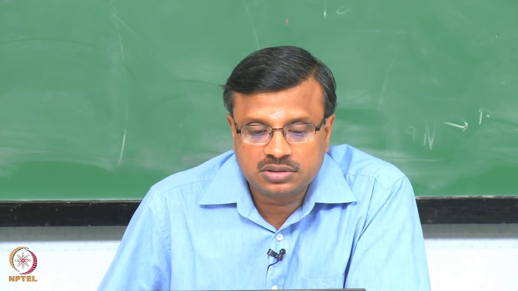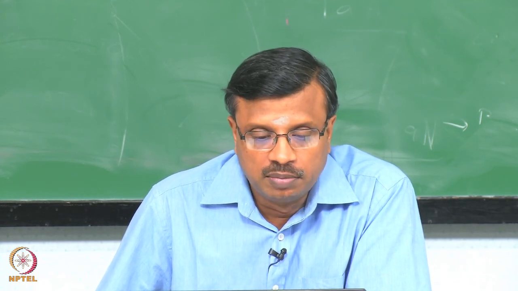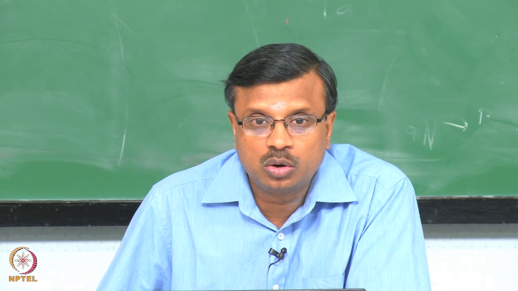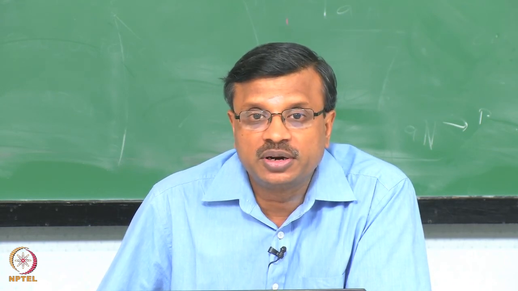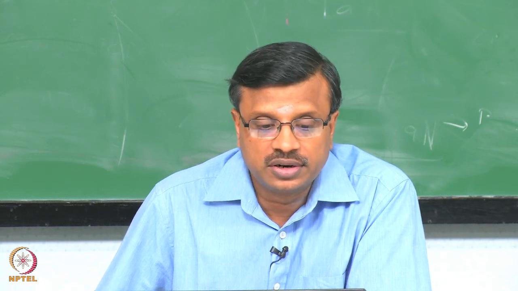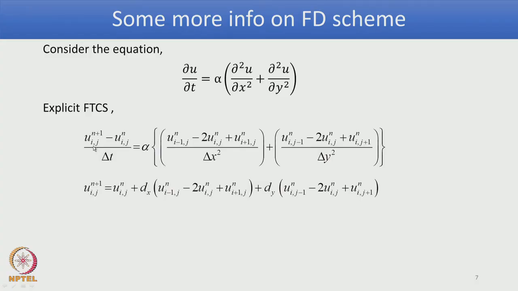You can rewrite this equation by bringing all the known terms on one side and the variable to be determined on the other side. So, in this case u of i comma j n plus 1 is the quantity to be evaluated, and that is retained on the left hand side, as you can see here, u of i comma j n plus 1, and you bring all other quantities to the right hand side.